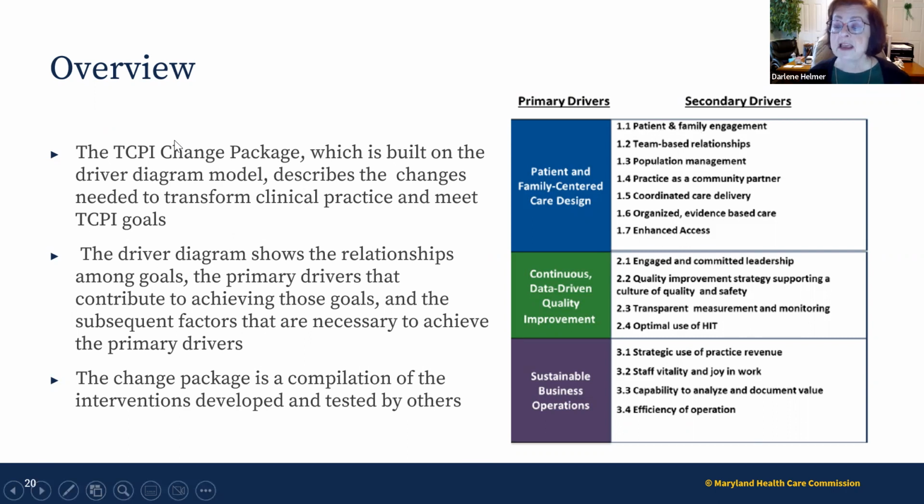Optimal use of technology, making sure you're using technology to the best of your ability to get the information that you need. And then also sustainable business operations, strategic use of practice revenue, having that budget versus actual, knowing when you're going to have a little bit of extra money that you could put into something in the practice to make it better.